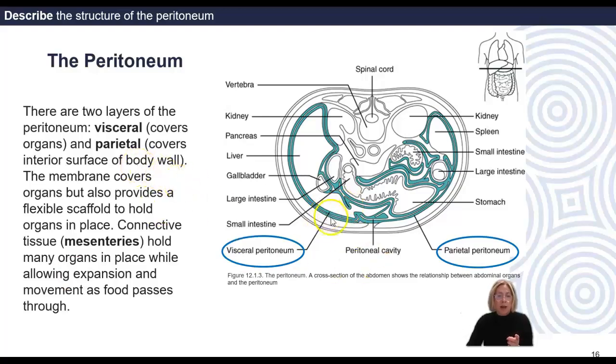The visceral peritoneum covers organs, and the parietal covers the interior surface of the body wall. The membrane also provides a flexible scaffold to hold the organs in place, via connective tissue mesenteries that hold the organs in place while allowing expansion and movement as the food passes through.